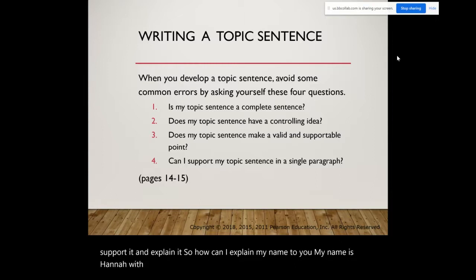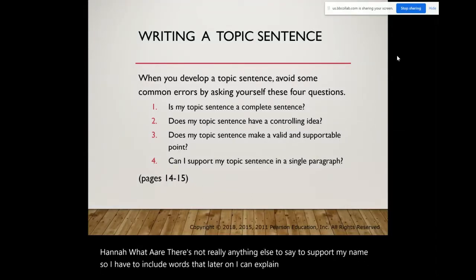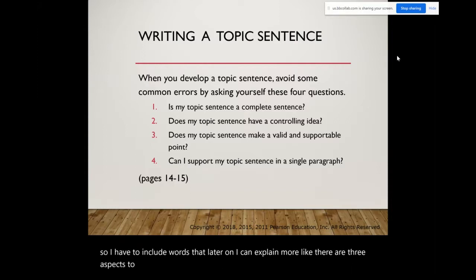There's not really anything else to say to support my name. So I have to include words that later on I can explain more. Like, there are 3 aspects to my personality. Oh, that is something that is supportable. Aspects to my personality. I can support that more. I can explain that more.